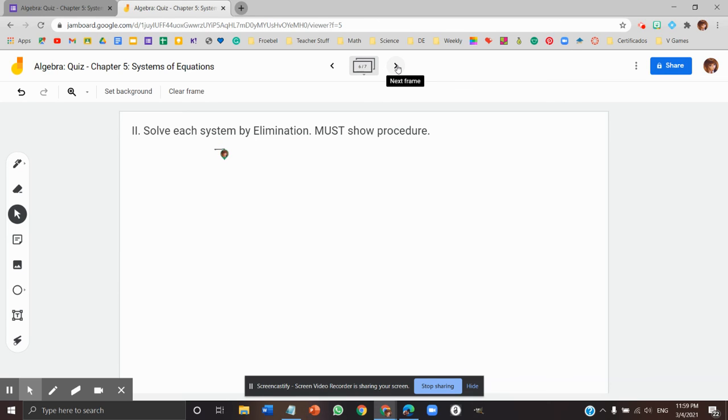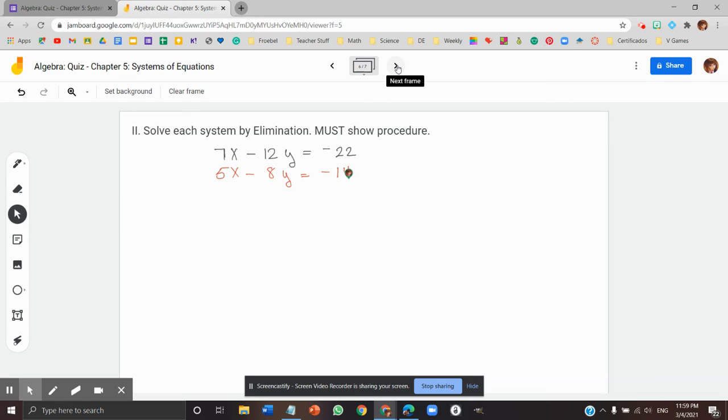7x minus 12y equals negative 22. And my other equation is going to be 5x minus 8y equals negative 14.